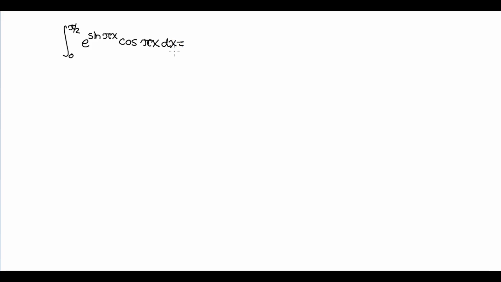So you have sine pi x and cosine pi x. So of course there'll be an easy u substitution with u equaling sine of pi x. That means du equals pi cosine of pi x dx. We need a pi over here, so we can introduce a pi by multiplying by 1 over pi.